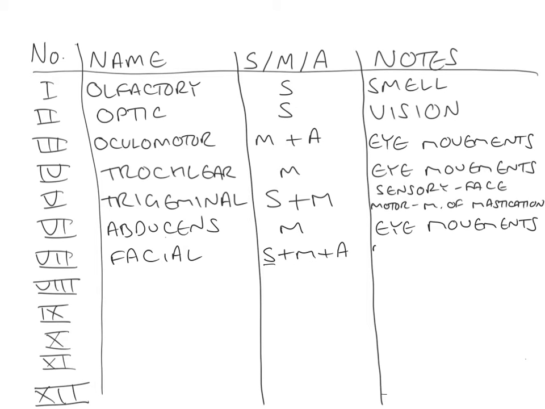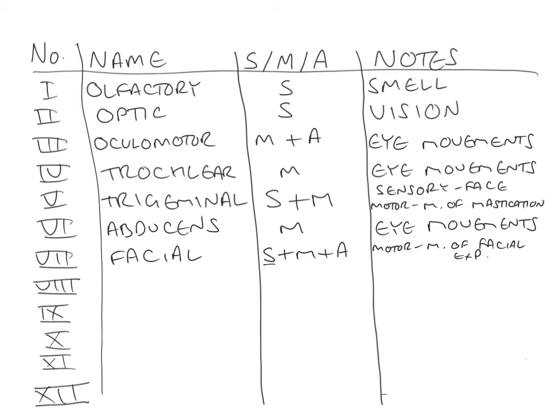The motor component of the facial nerve is responsible for supplying the muscles of facial expression. So any muscles that you might use to pull faces with, they're going to be supplied by the facial nerve.